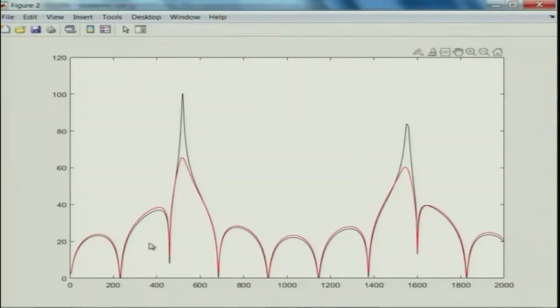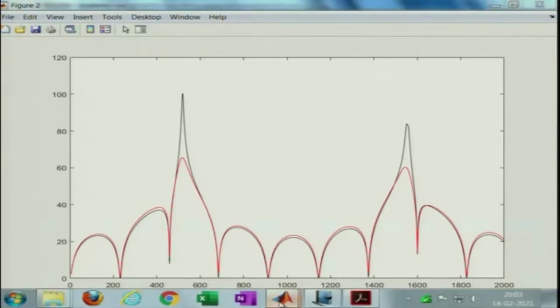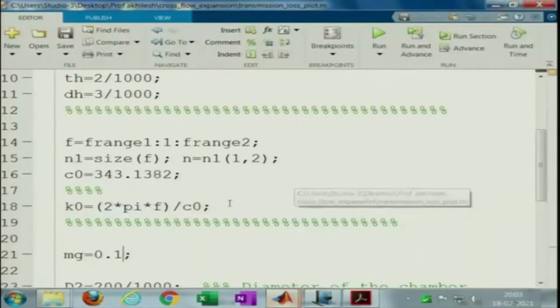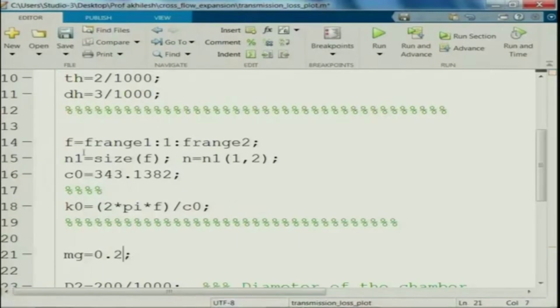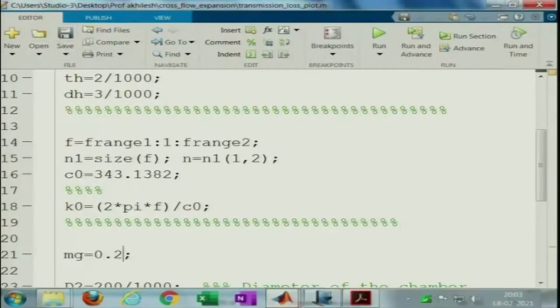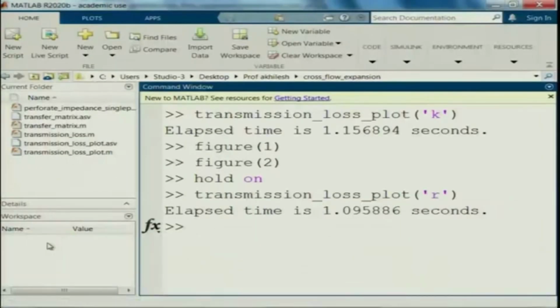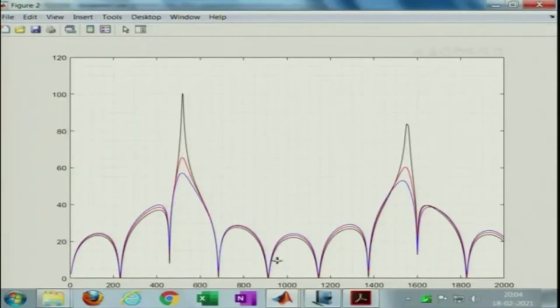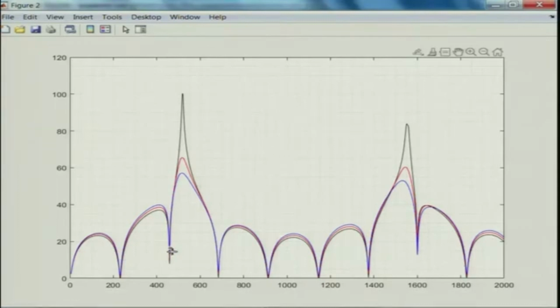So the peaks have started to come down, troughs are slightly lifted, the same story being repeated again and again. So let us do with the maximum value that you typically encounter in automotive exhausts. Well, the effect is more prominent, isn't it? So we get these wonderful nice results, apart from the occasional mishap that happened because of instability.